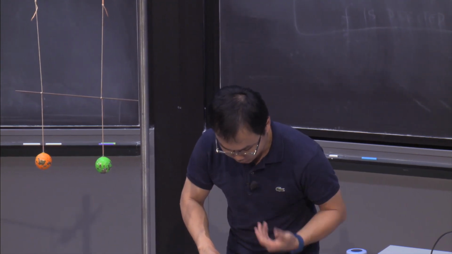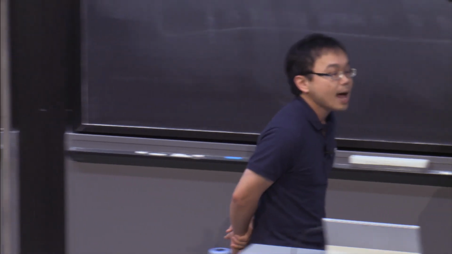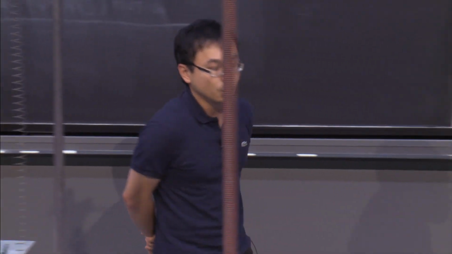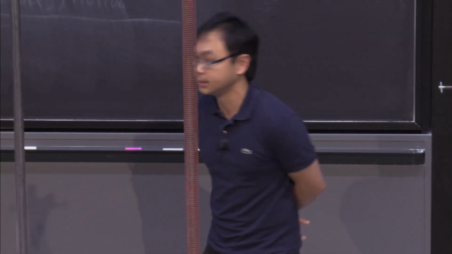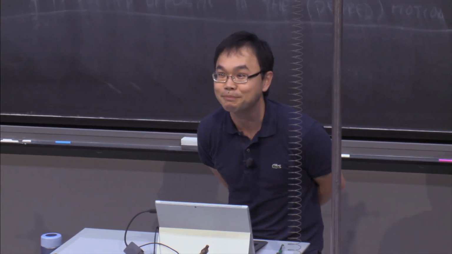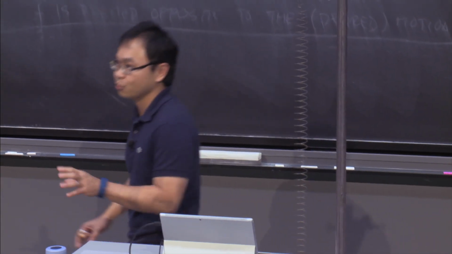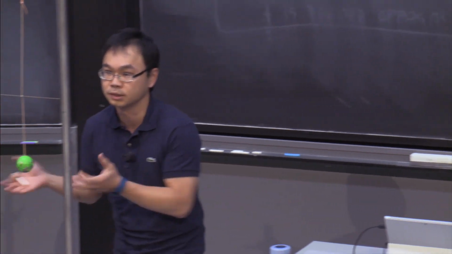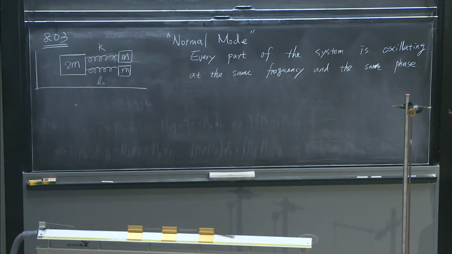That's very good news. It tells us that we can understand the system systematically, step by step, and then write the general motion of the system as a superposition of all the normal modes. So let's get started.